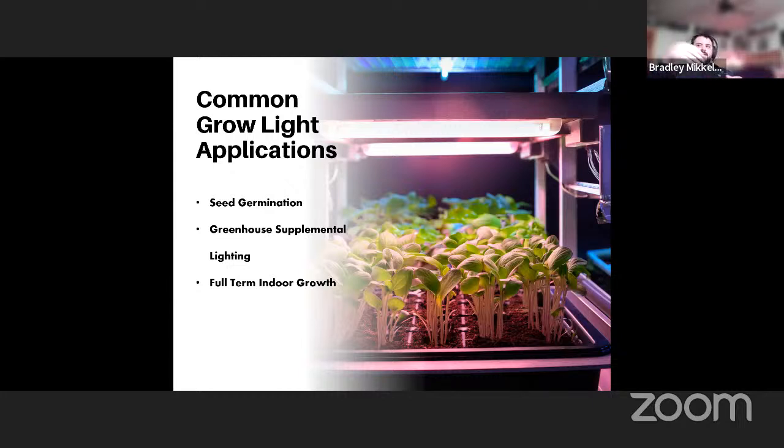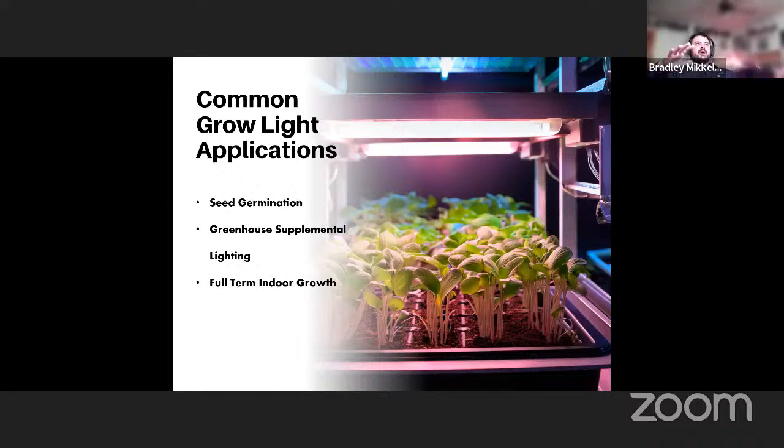Another common application for grow lights is greenhouse and greenhouse supplemental growing. Greenhouses are something that is highly sought after here in the state of South Dakota due to our frequent extreme thunderstorms, typically bringing disastrous hail and extremely high winds. But when you're in a greenhouse, you have a shade over the greenhouse and you may not be getting full light penetration.